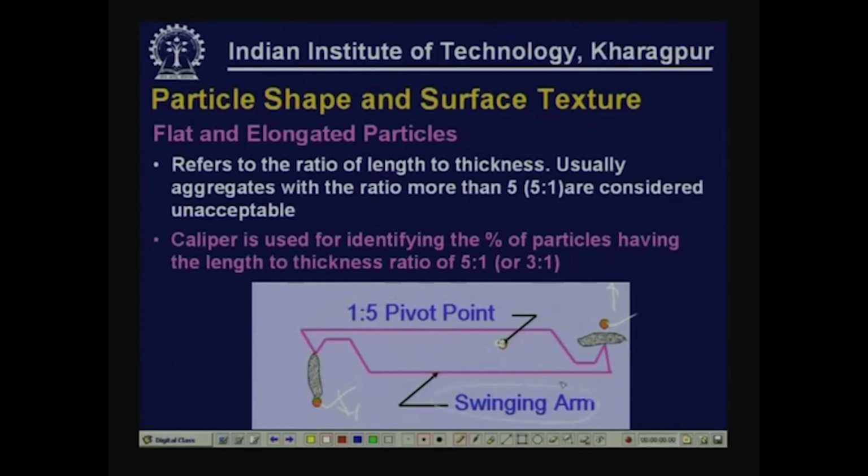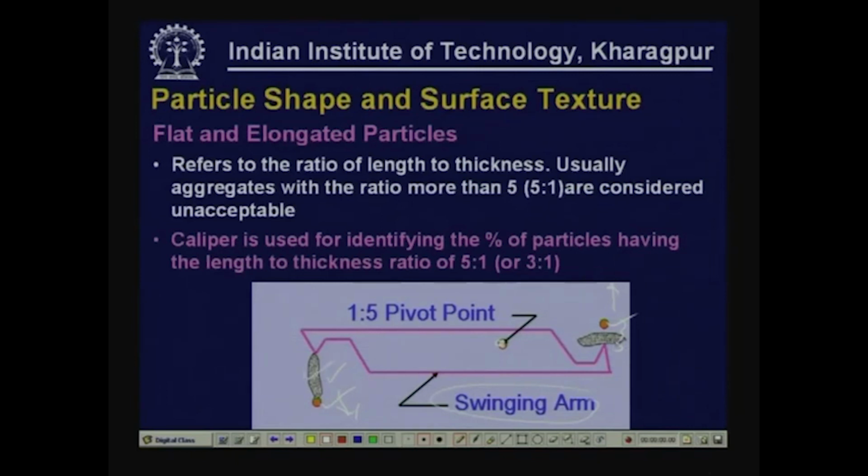What we do is, the aggregate is placed along its longest dimension, and then it is fixed in this position. The distance from this point to this point and from this point to this point is in such a way that the distance between this and this will be about 1/5 of this dimension.